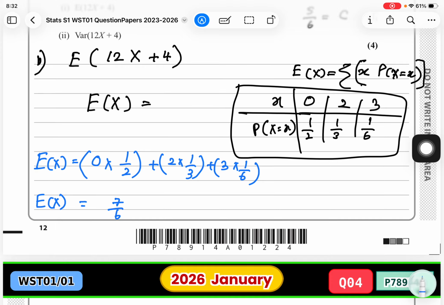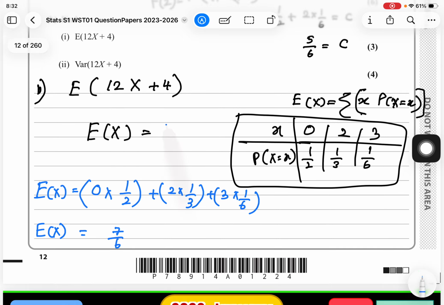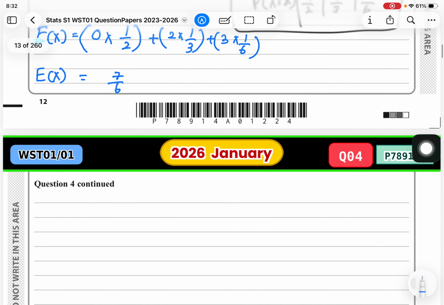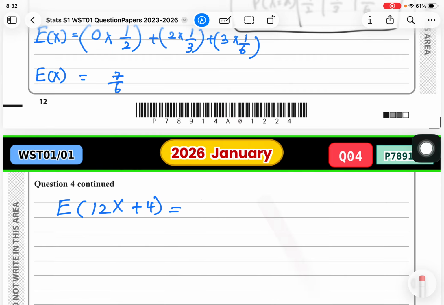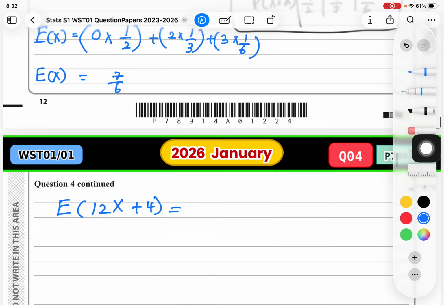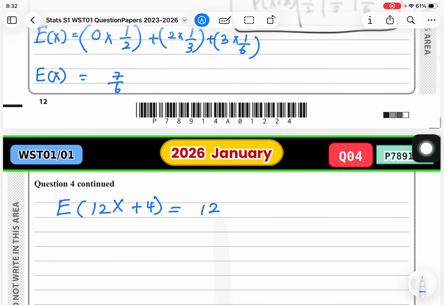This is E(X). The reason for finding E(X) is that we can use it in this equation. If we check E(12x plus 4), we can easily take the 12 outside, which is 12 E(x) plus 4.